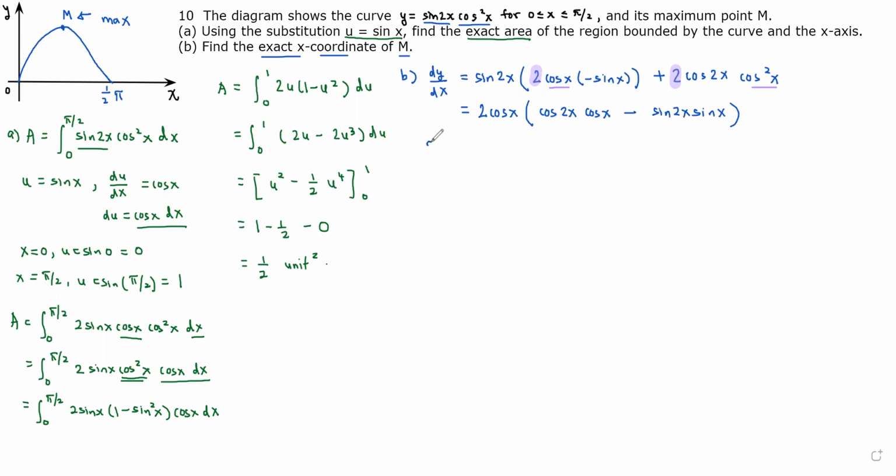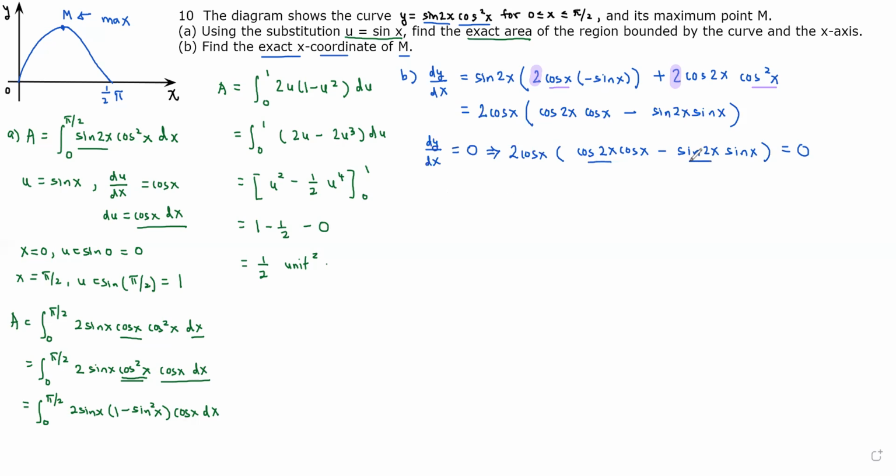Maximum occurs when dy dx is 0. So we set dy dx to 0, which implies that 2 cos x, and then we have cos 2x cos x minus sine 2x sine x, is set to 0.